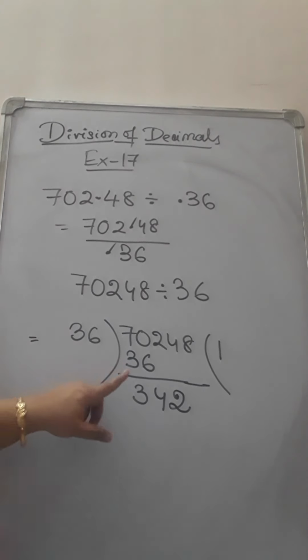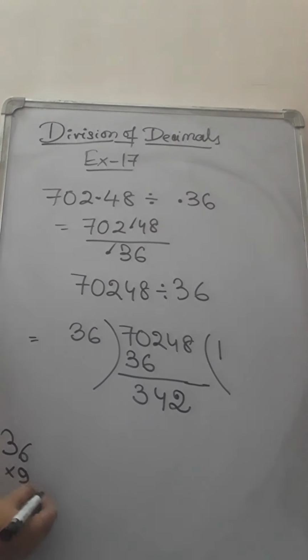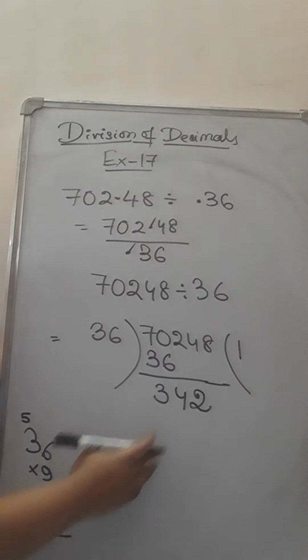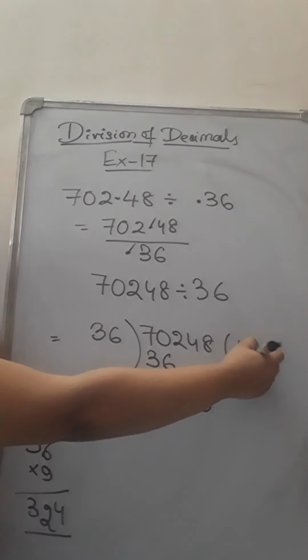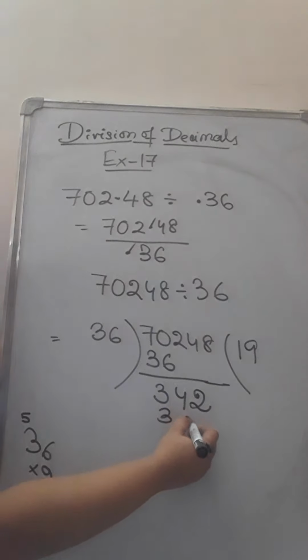So you try 36 into 9. 36 into 9 gives you 324, lesser than this, so we can take 36 nines are 324.